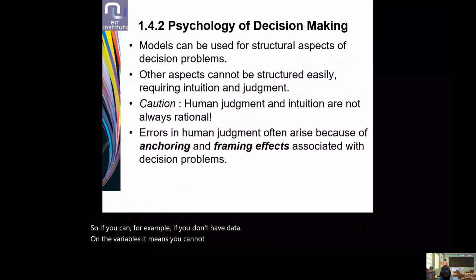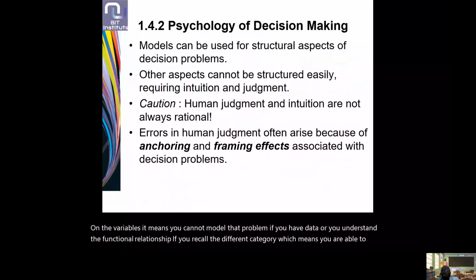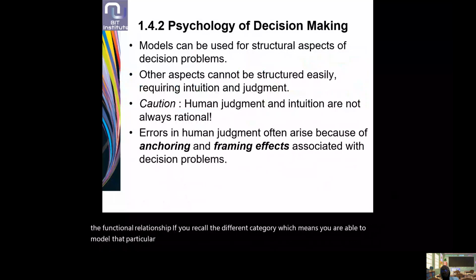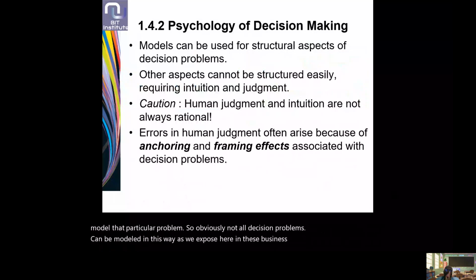If you have data or you understand the functional relationship, if you recall the different categories, it means you are able to model that particular problem. So obviously not all decision problems can be modeled in this way as we expose here in this business analytics subject. Other aspects therefore cannot be structured easily, which therefore require intuition or judgment.